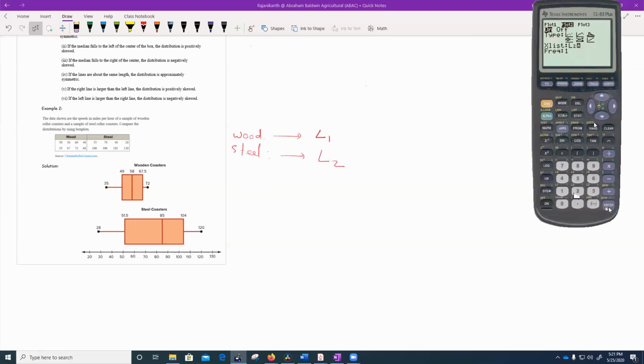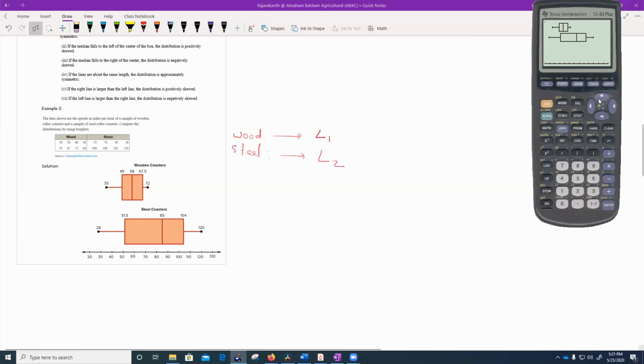Basically, I have now defined two plots, plot 1 and plot 2. That's it. Now come out of this window, then graph it. You see now, I got two pictures in one grid. So this is the way to draw more than one graph in one display.